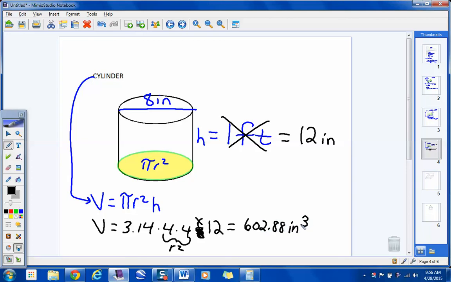Now guys, what if I had like a half cylinder here? If I could take this, my cup right here, and cut it right in half, how much fraction or how much coffee would it hold compared to what it already does? Half as much. So treat it like it's a full cylinder first, and then just in the very end you would cut it in half. It'd be like a half cylinder.